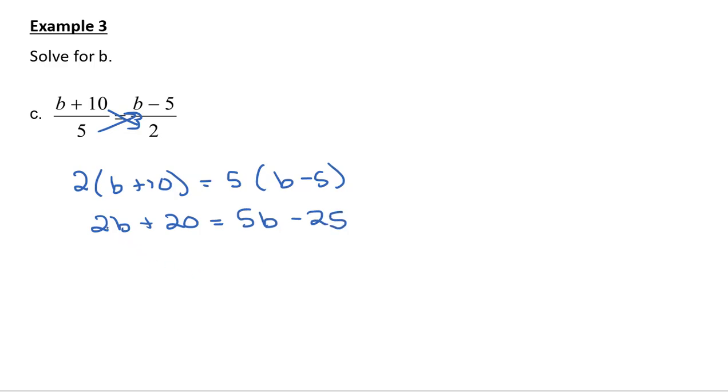All right, I'm going to subtract the 2b over, because I always like my variables to be positive. Add the 25 over. And make sure you subtract correctly, Mrs. Marnell. Add the 25 over, we get 45 is equal to 3b. Divide by 3, b is equal to 15.